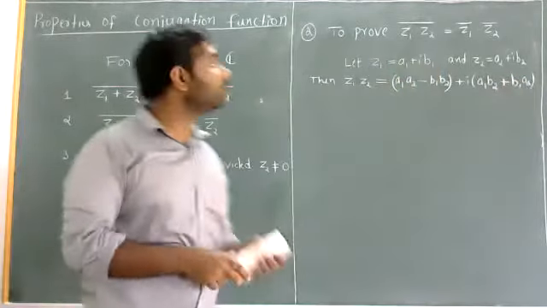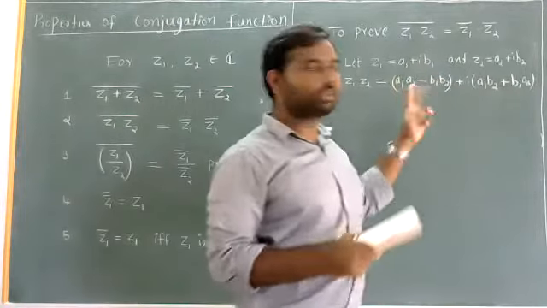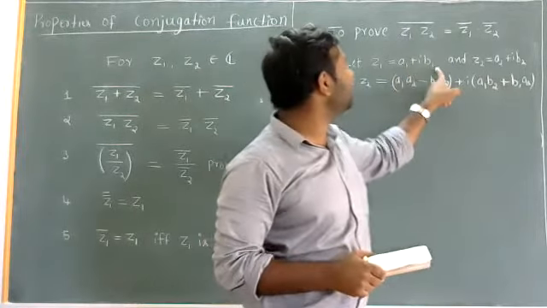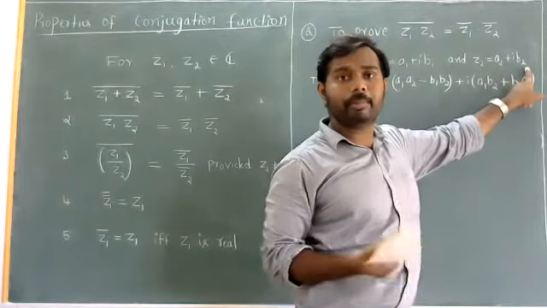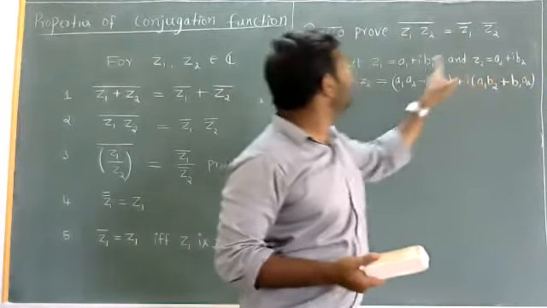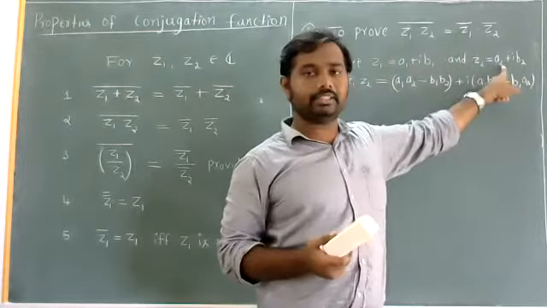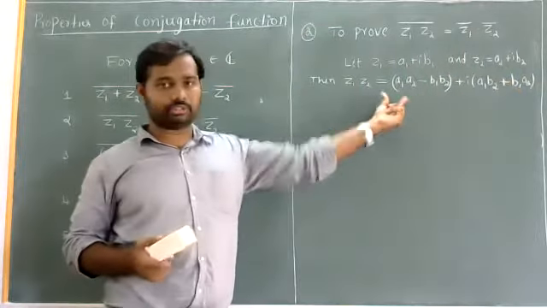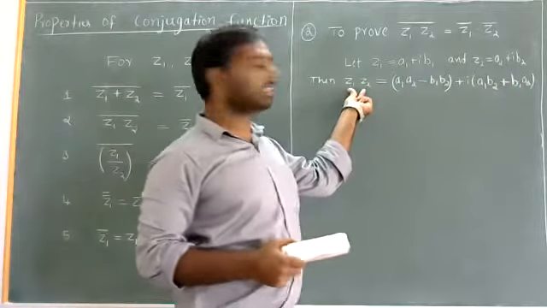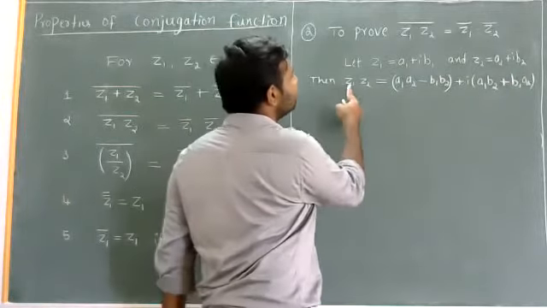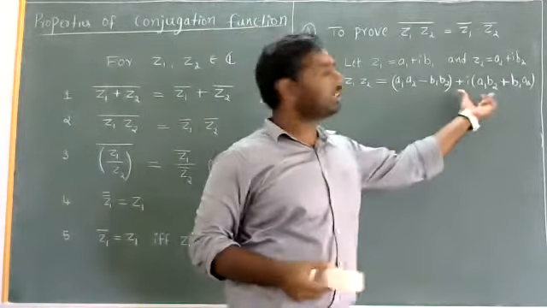So use that rule: if I have two complex numbers, A plus iB and C plus iD, how will we multiply? AC minus BD, AD plus BC. Right? So I have used that rule. Now we have this complex number. The complex number Z1 into Z2 is this one.